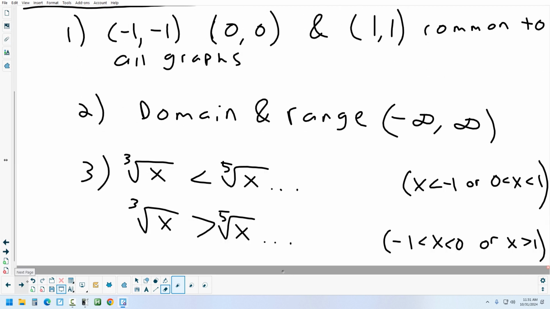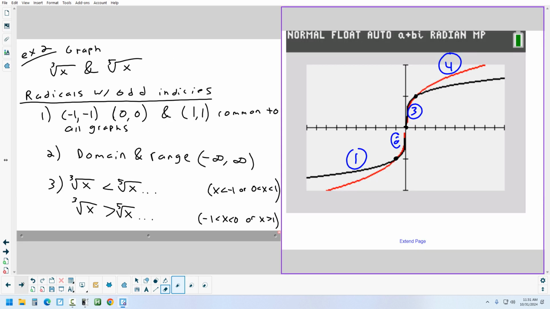Now, let's see if we can describe what we had before. In the section that's less than -1, which I called section 1, and between 0 and 1, which I called section 3, in sections 1 or 3, the higher the index, the higher the graph is.